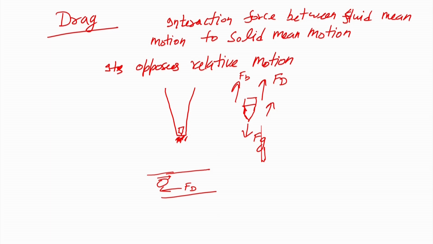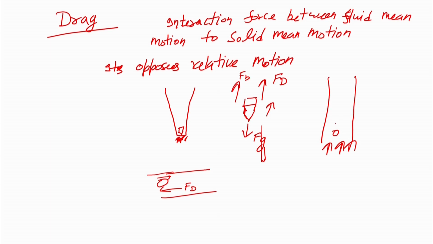Now, similarly, suppose a fluid is moving from bottom to top and the fluid velocity is very high, and the solid is initially stationary. Now with the fluid velocity it is moving. So, what will happen? The solid will try to catch the velocity of the fluid.